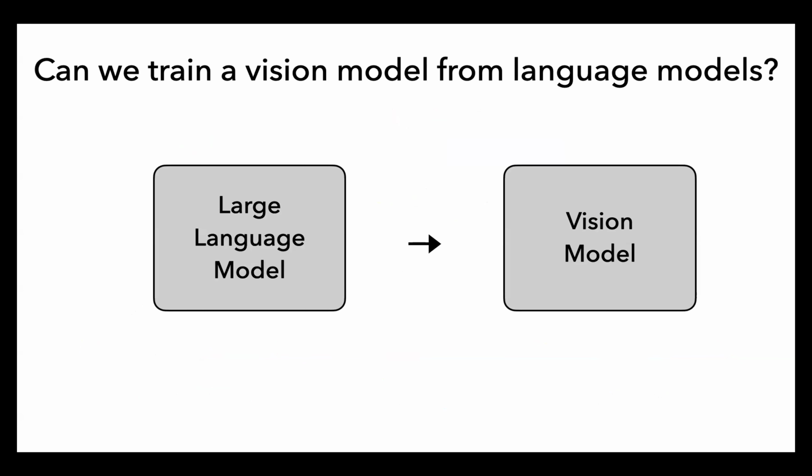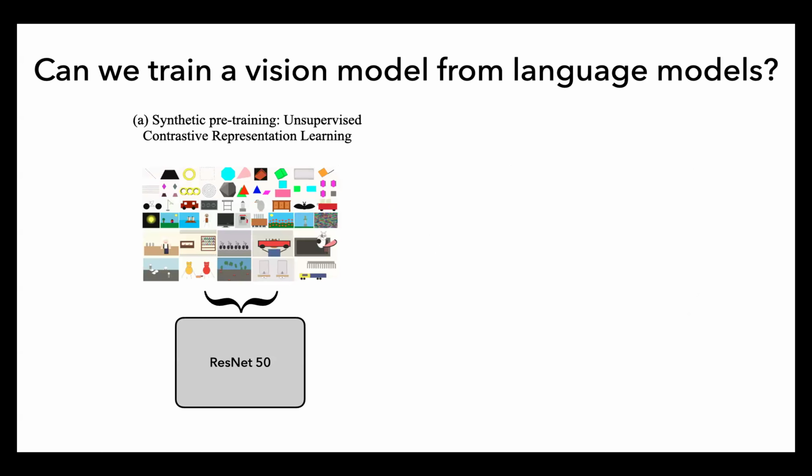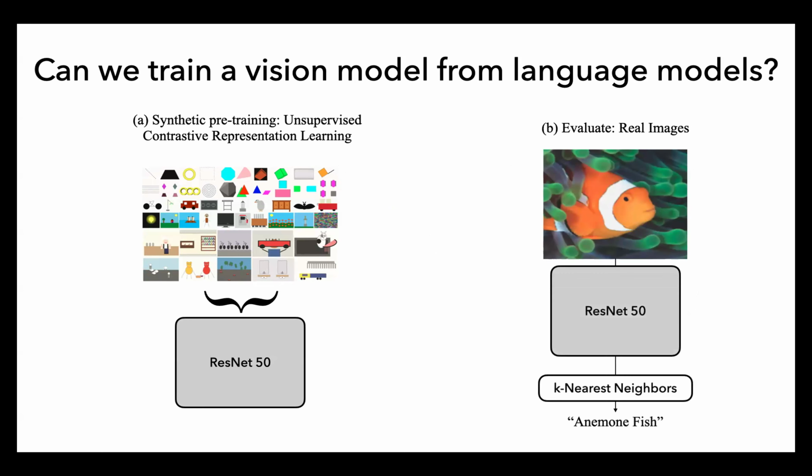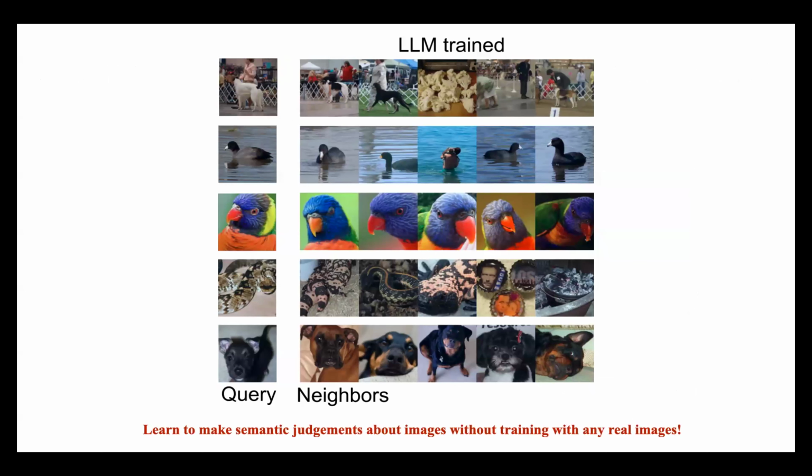The last thing I'll show is, can we train a vision model from the images generated by a language model? It's the same setup as in the first sections of this talk. We're going to sample a lot of images drawn by a language model. That's our new training data set. We'll do contrastive learning on them, and then we'll transfer to a classification problem. And the answer is, this can also work decently well.